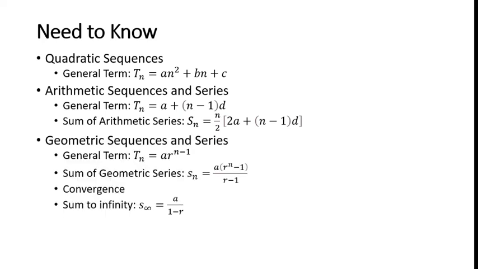And you need to know how to work with geometric sequences, how to find the general term and work out the sum. It's very important that you understand convergence, what it means when a series converges, and how to work out the sum to infinity. So let's get straight into it.